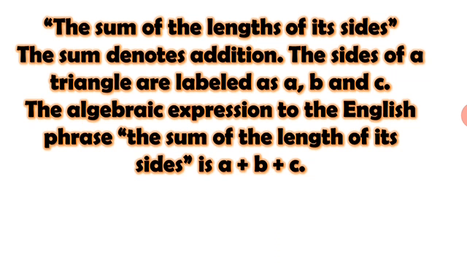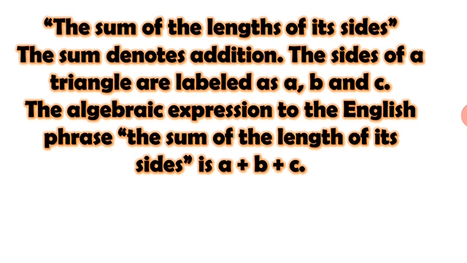So let's take a look at this example. The sum of the lengths of each side. Okay, so there is a clue, which is sum. It means that the expression will be written in addition, or the sum denotes addition.